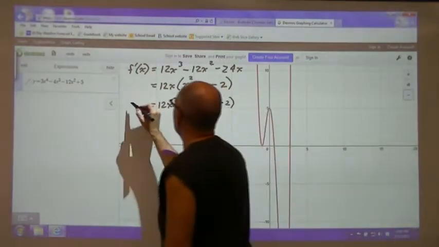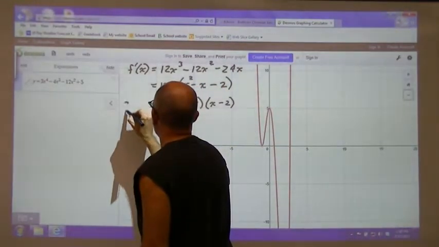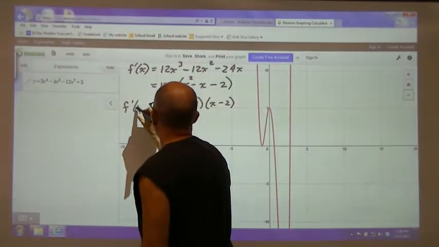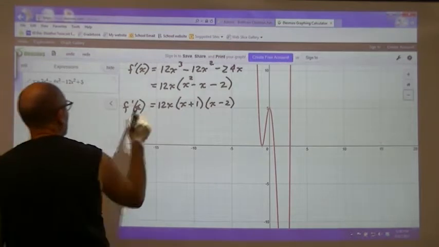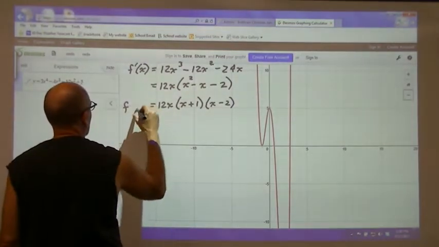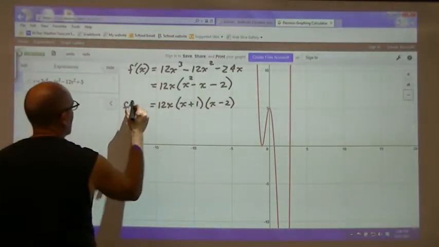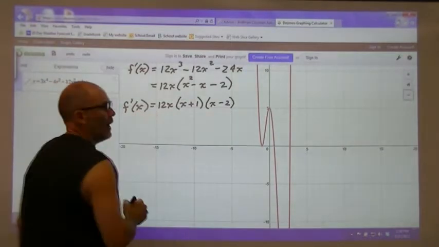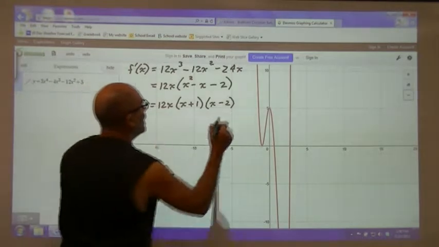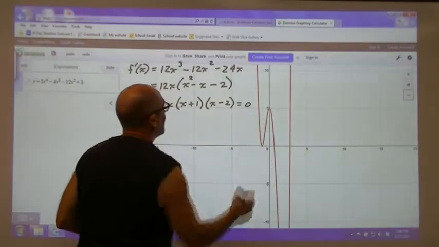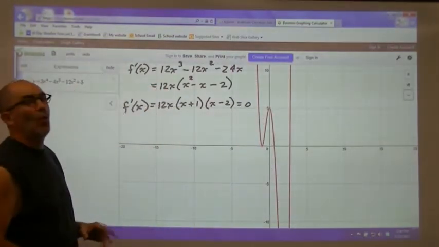All right, so what does this tell us? Well, we want to know where f prime of x equals 0. Well, why do we want to know that?